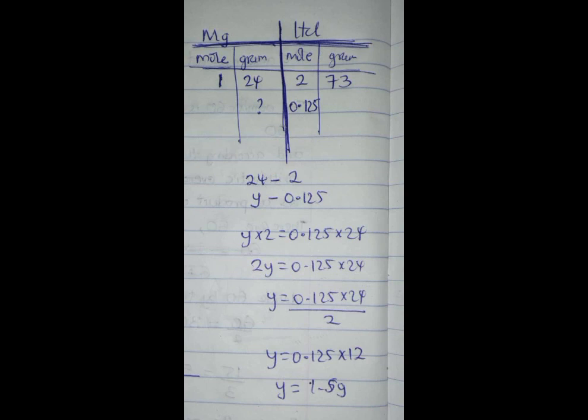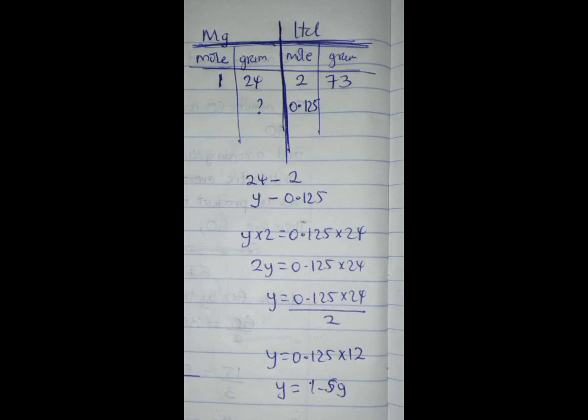You can use any part, but make sure that only one part is missing. So we are going to use 24 and 2. Then the question mark becomes Y, because we are looking for the new gram of magnesium according to this table. The new gram of magnesium relates to 0.125. You must pick one from the first part relating to the one below, even if they are from the same right side or left side, and it will give you the same answer.